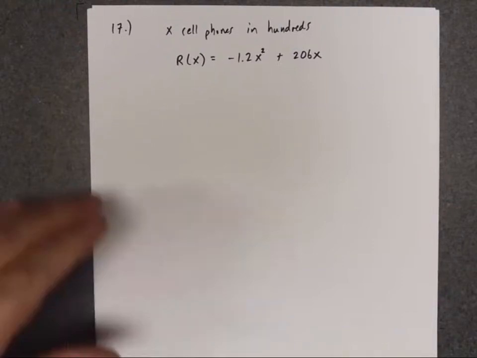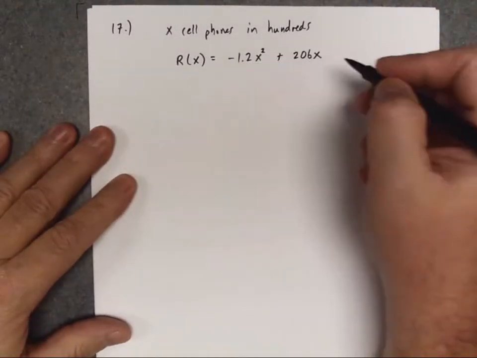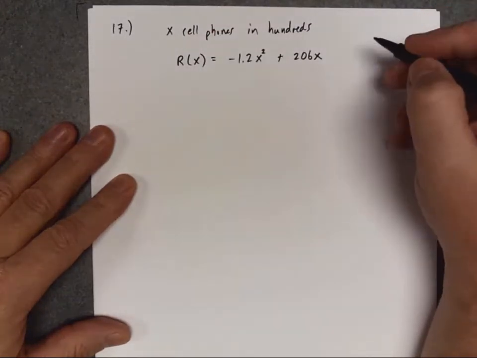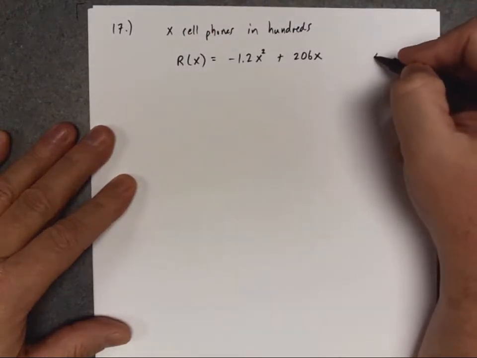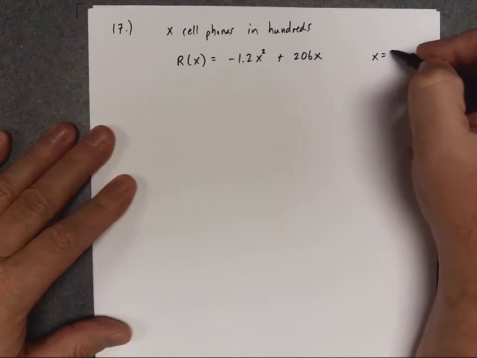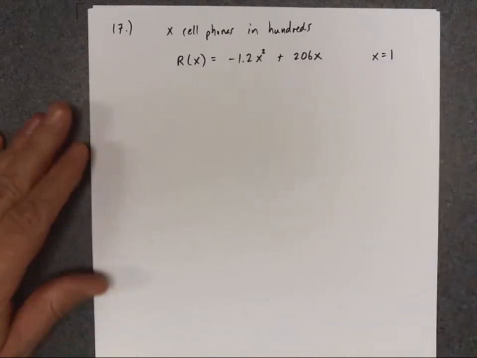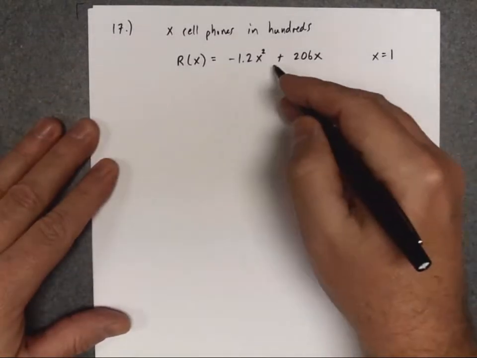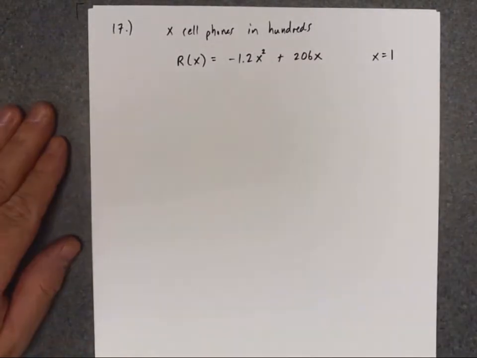Now this is a little tricky. Some people might look at this and think X is cell phones. So just for fun, if we sell one cell phone, we would say X equals 1, and we could plug a 1 in for X and do the math, and that would tell us how much revenue we have based upon one cell phone.